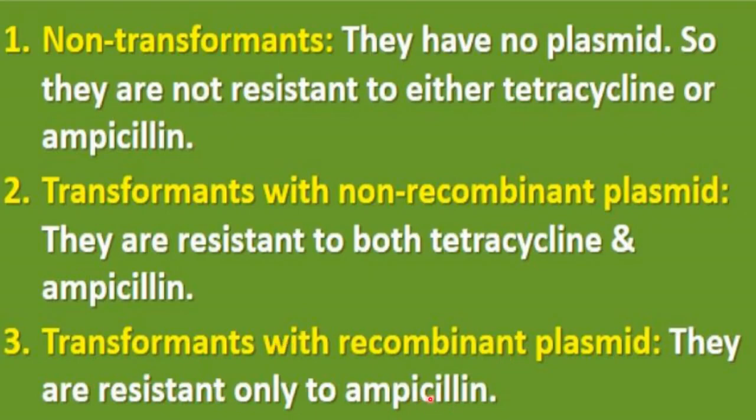And it can be the opposite also. If we introduce our alien piece of DNA in the ampicillin gene region, then obviously these cells will be resistant to tetracycline only. So these three types of cells we obtain here.